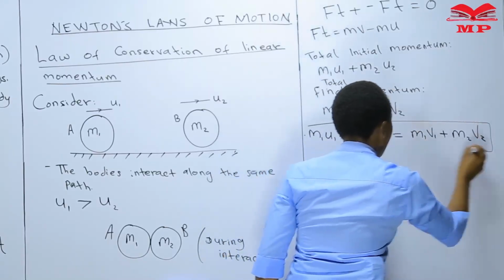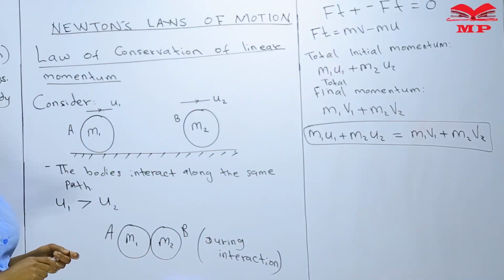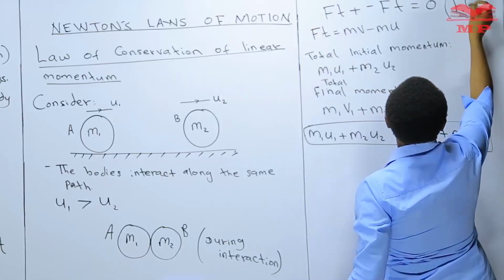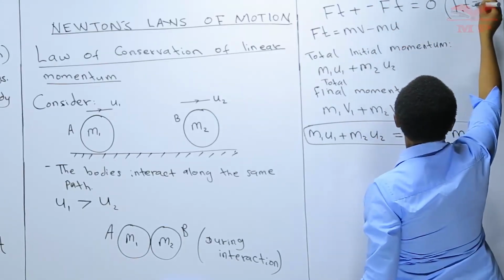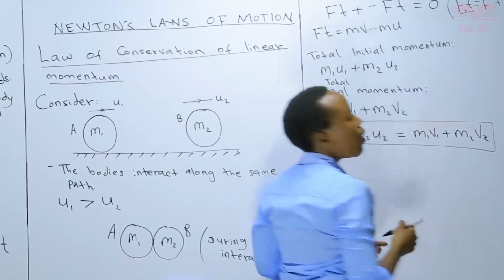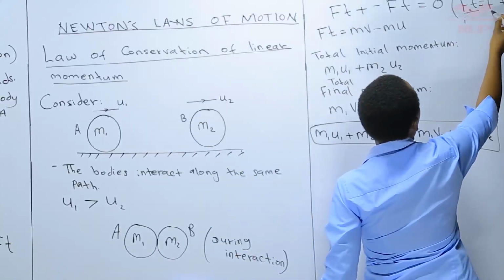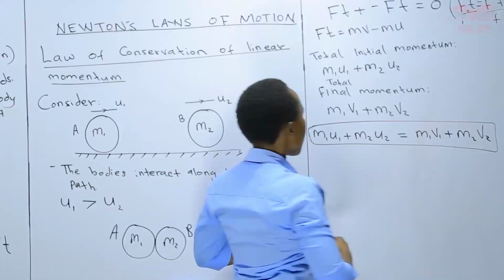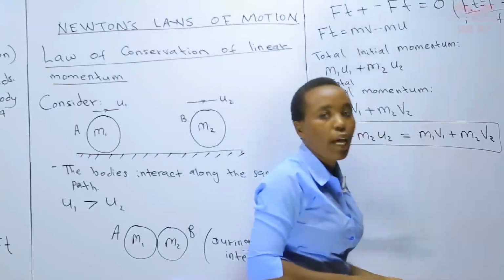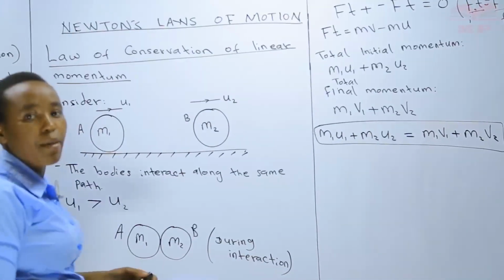This is what it means, because the total impulse is equal to 0. Ft for this body is equal to Ft for the other if we take this to the other side, and this is the change in momentum, the final minus the initial. So momentum before collision is equal to momentum after collision, and in this case there is no loss in momentum.